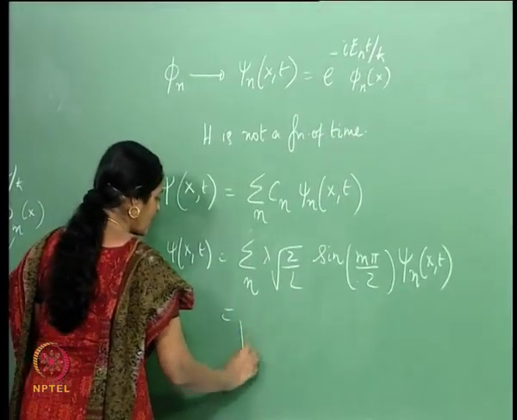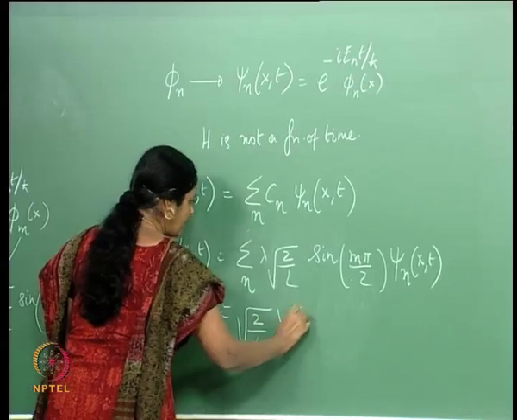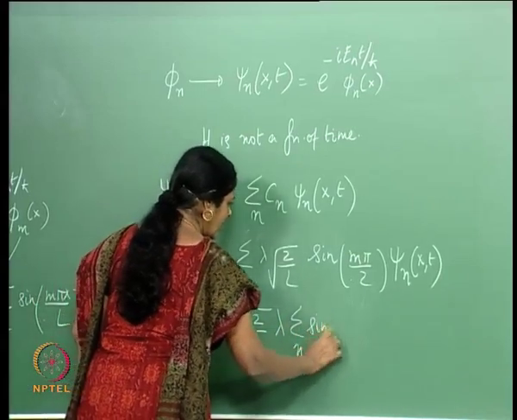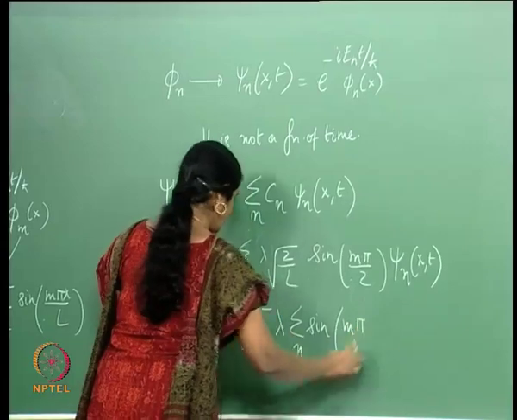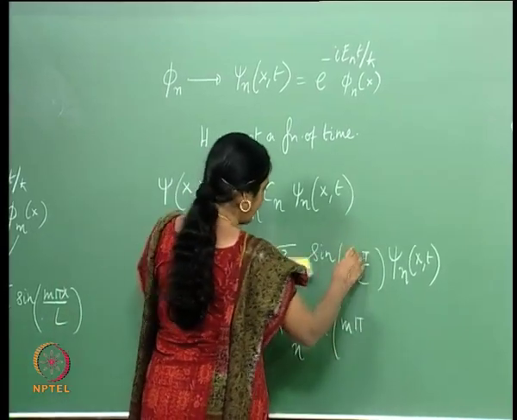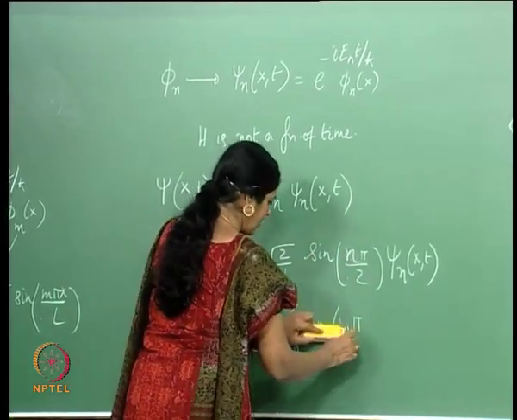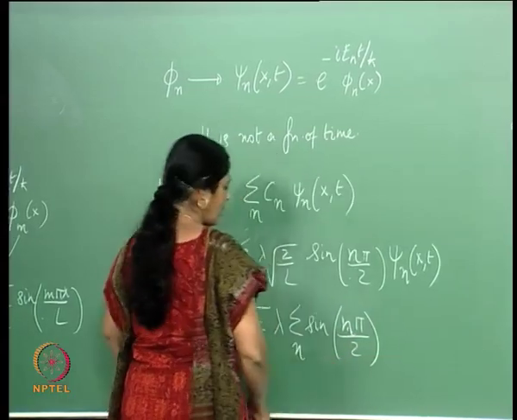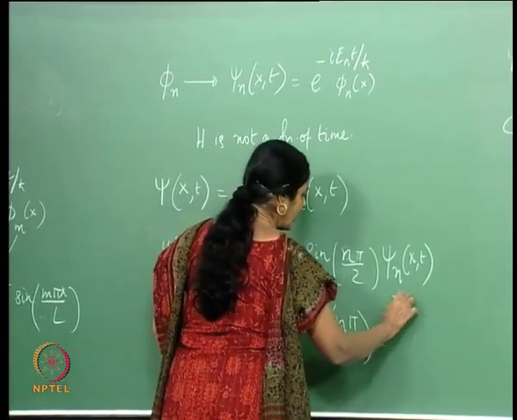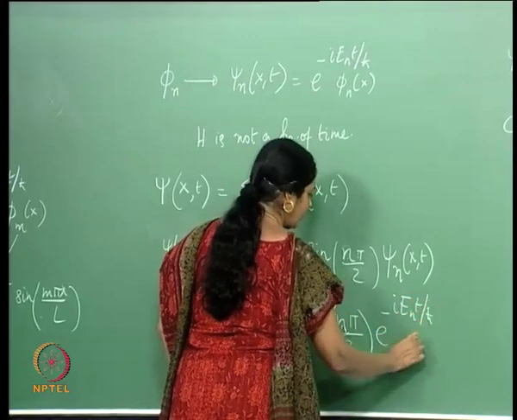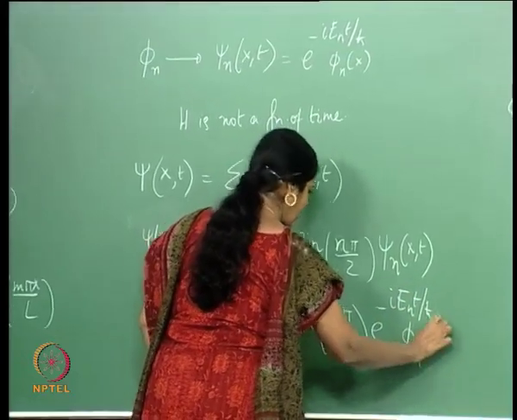So, this object is root of 2 by L lambda, summation over n of sine n pi by 2 e to the minus i E_n t by h cross phi n of x.